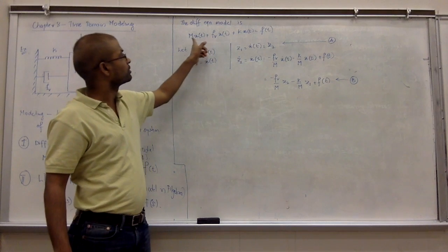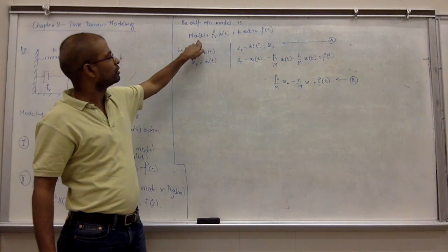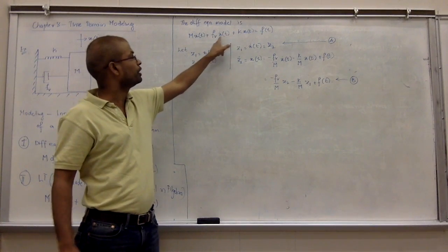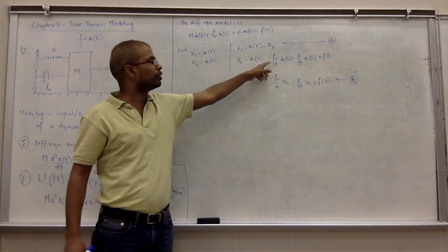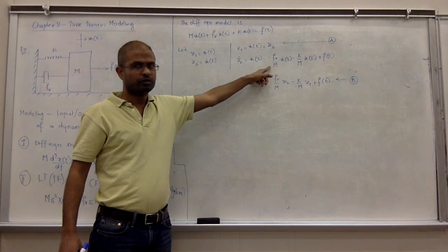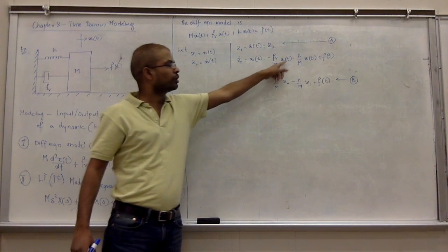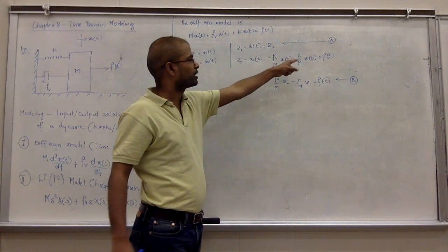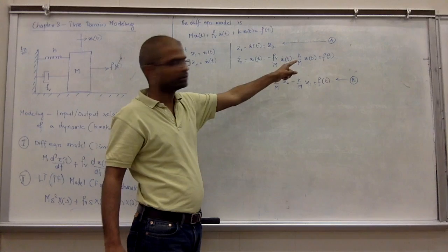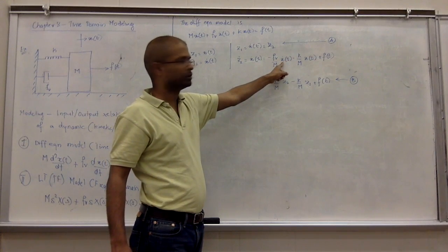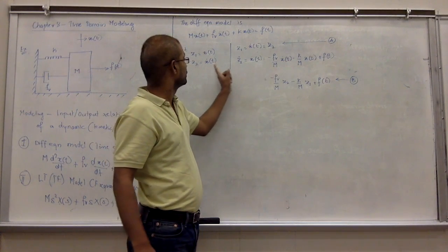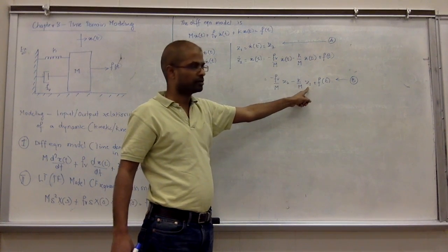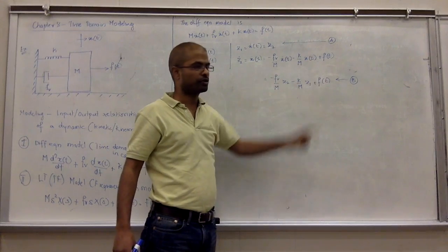So just look at this. x double dot will be equal to, with all this going to the right hand side, minus f v over m times x dot of t, minus k over m times x of t, plus f of t over m. You following? But x dot of t is Z2, x of t is Z1, and f of t, just remember.